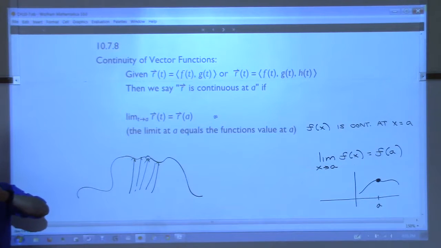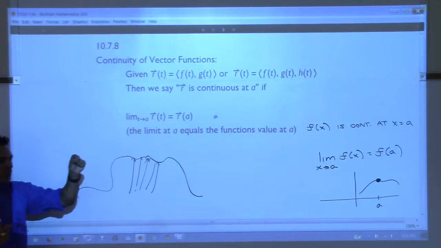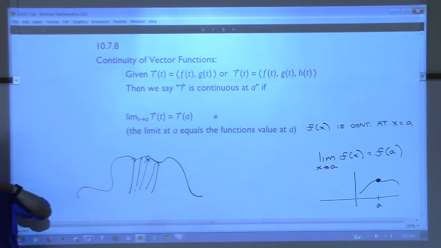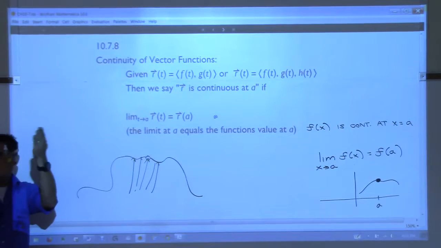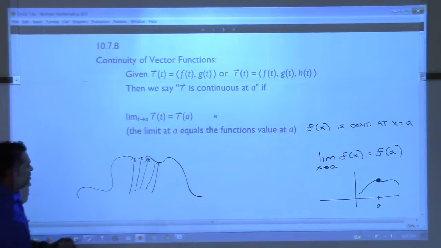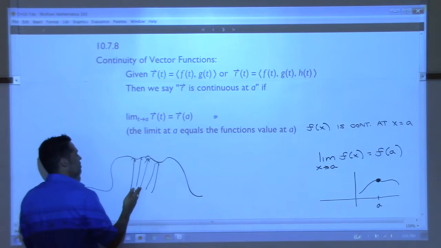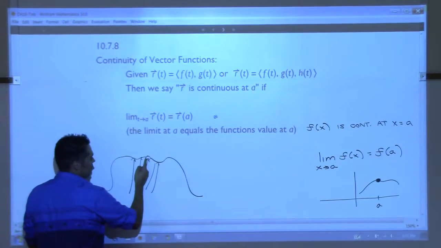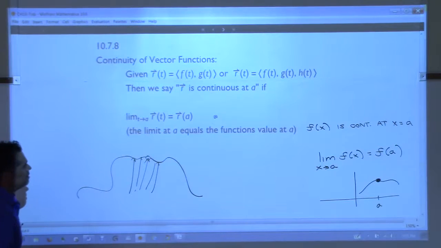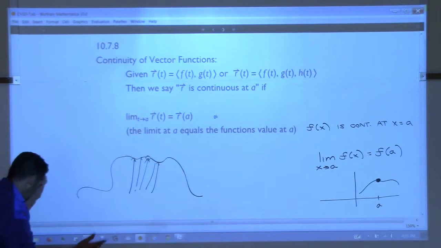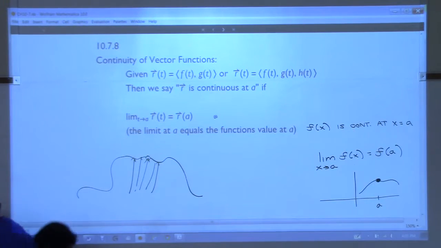It's not an actual point moving through. It's the tip of the vector moving through the space. So these vectors are approaching something, and then at that value of a, we have the vector there filling it in. So very, very similar to what we saw in Cal 1.